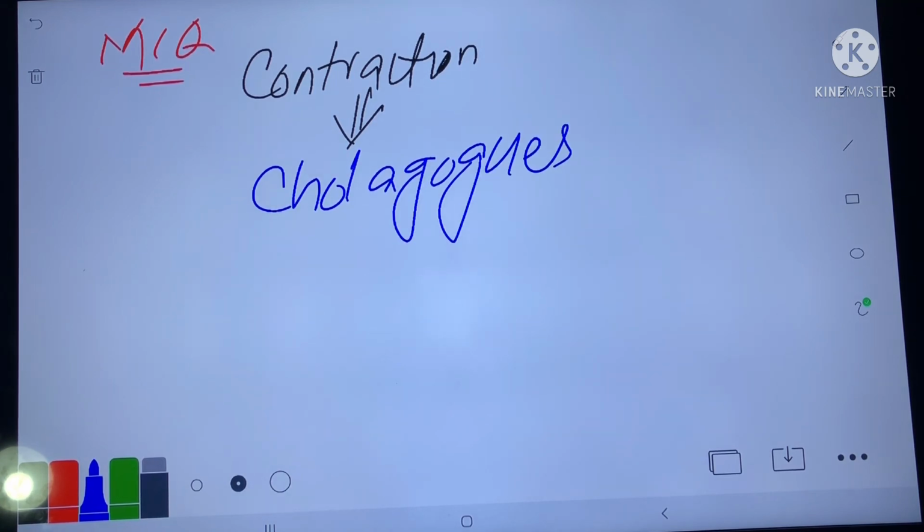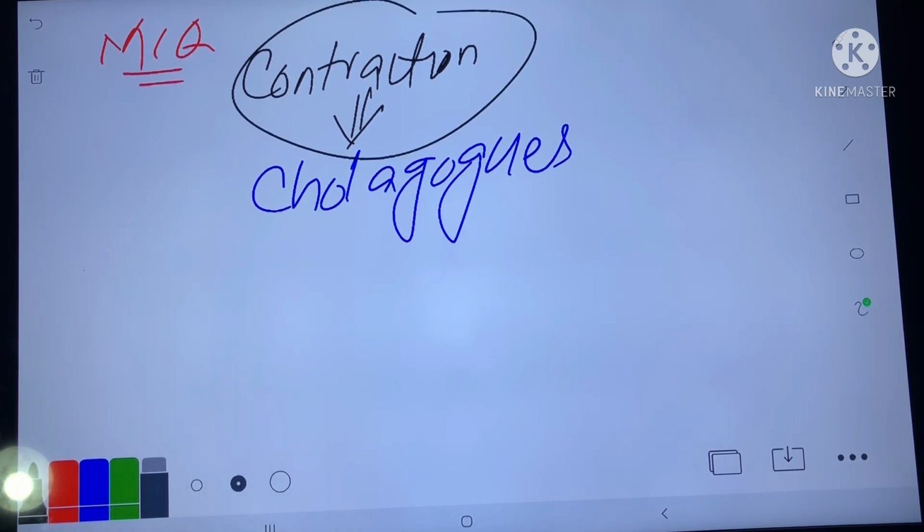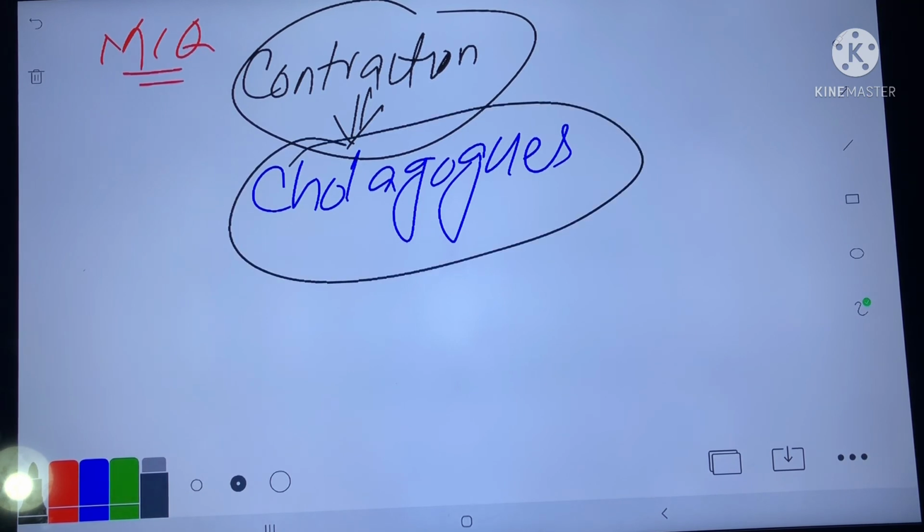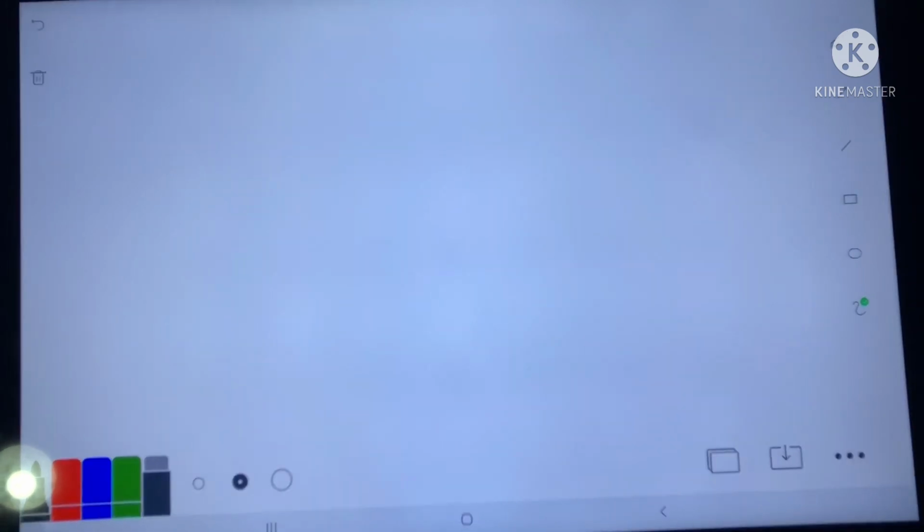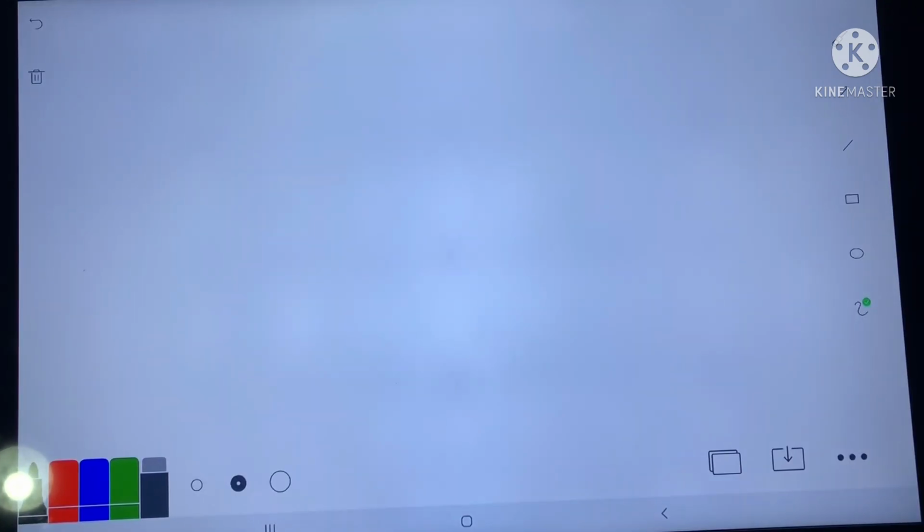And we also know that cholecystokinin causes the contraction of the gallbladder. So cholecystokinin is one of the important cholagogues that cause the release of bile from the gallbladder. So till now we have discussed pancreatic secretions, and with them bile, its regulation and functions.